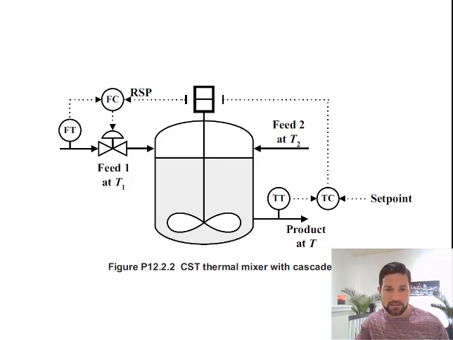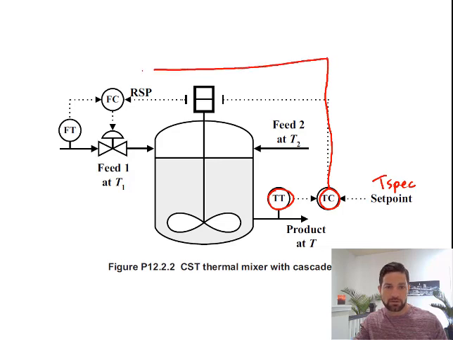Okay, so for this process, the primary control objective is the temperature of the product stream coming out. So we want to measure the product stream. The primary controller is going to be a temperature controller to control for this temperature, and there's going to be a user specified set point. So in feedback control only, this controller is going to have the valve open or close.